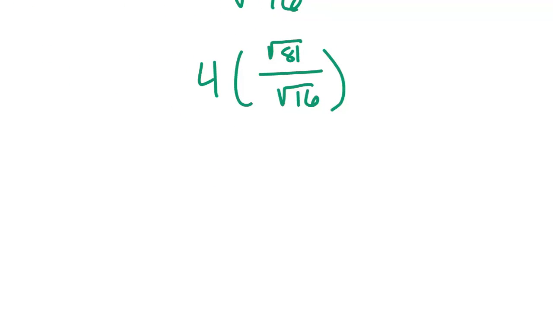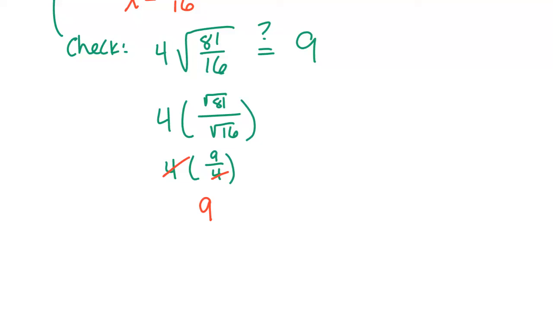Okay. So then I simplify. That's going to be 4 times, what's the square root of 81? 9. And the square root of 16? 4. And then notice the 4's cancel, and I'm left with 9. So did 9 equal the right side?